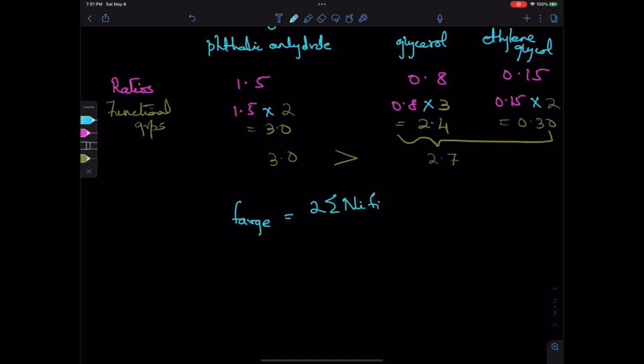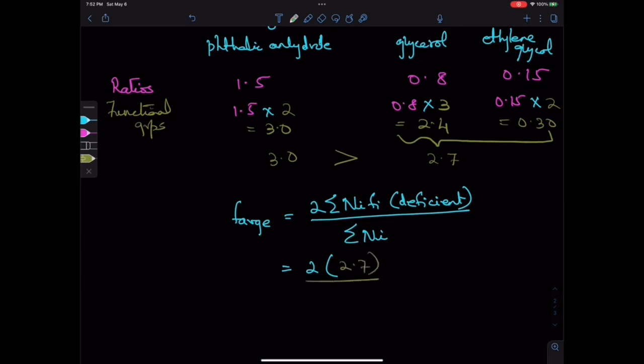So F average is 2 times sigma Ni Fi of the deficient functional group over total number of molecules. So this is going to be 2 times 2.7 divided by 1.5 plus 0.8 plus 0.15.